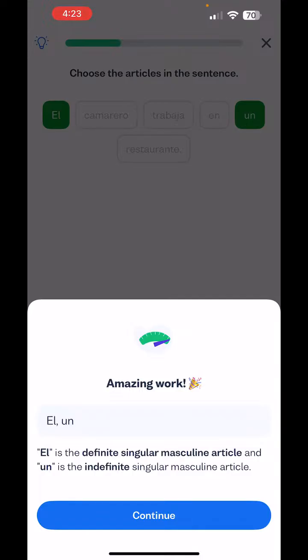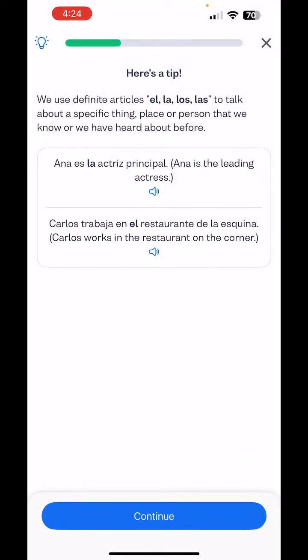So in English we have the, which is just a definite singular article. We don't have masculine, feminine. And then un would be indefinite, or a, as in English would just be a. So like a house, a car, the police, the house. Hopefully that makes sense. Okay, here's another tip.